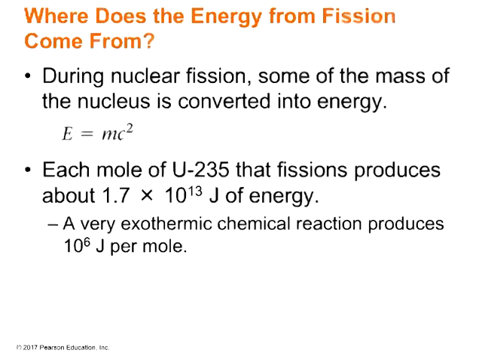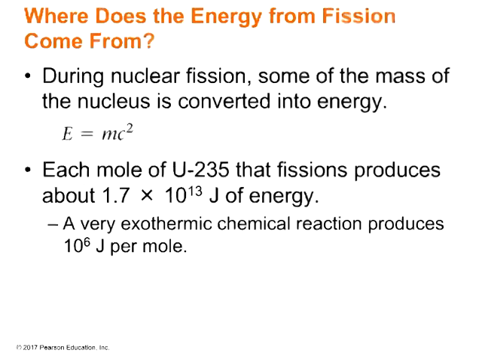So we've talked about how much energy is produced from these nuclear reactions, but where is it actually coming from? This is kind of similar to previous discussions we've had about bond energy and enthalpy.